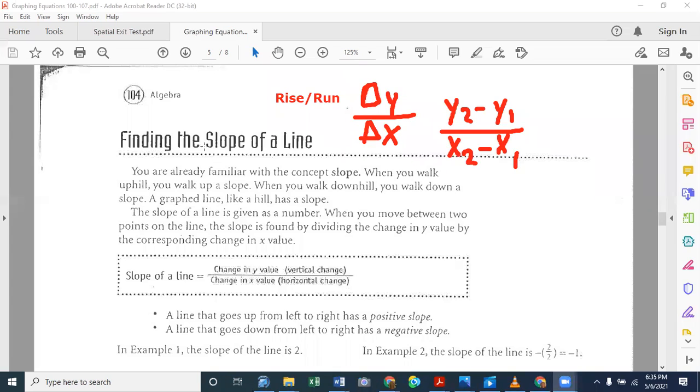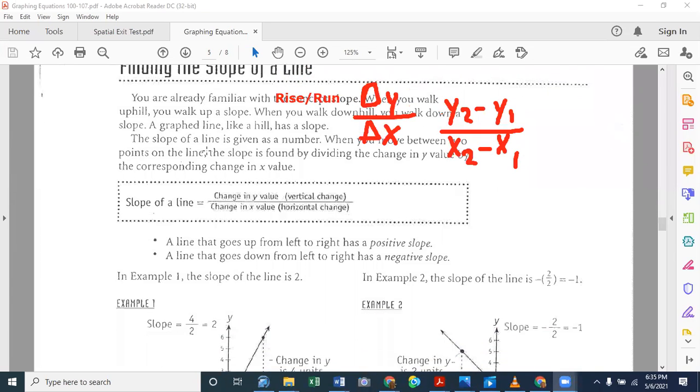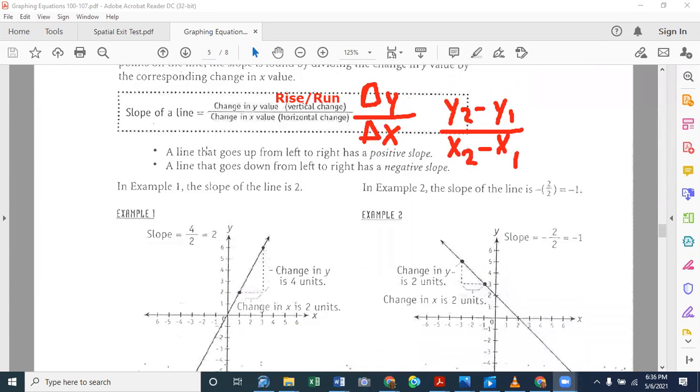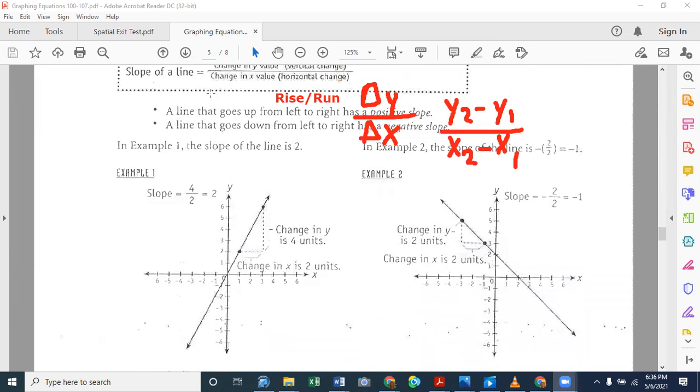I'll leave those up there, and we're going to slide up a little bit here. So for example, let's use rise over run on this first one here. Let's just highlight this line a little bit better so that we can see it. Okay, here we are. So they picked a couple points here, and I'll make them blue so we can see them again.